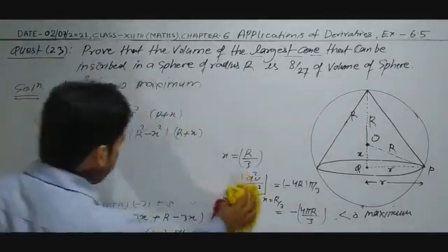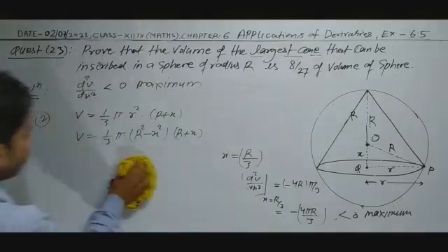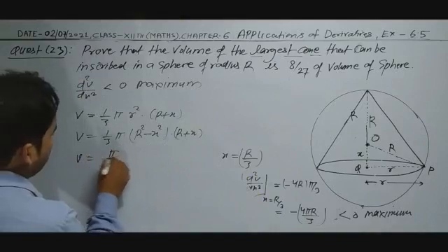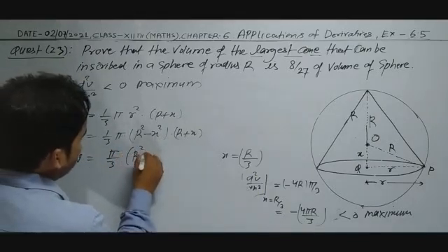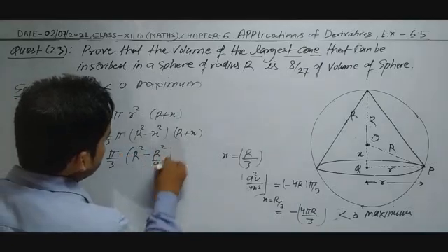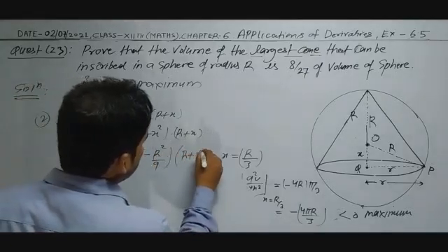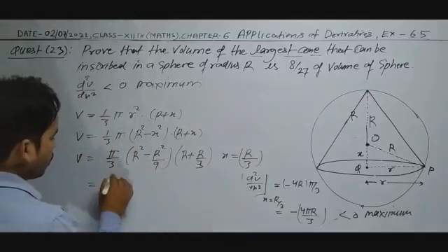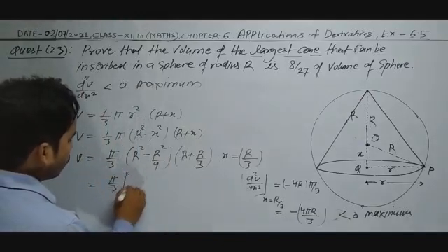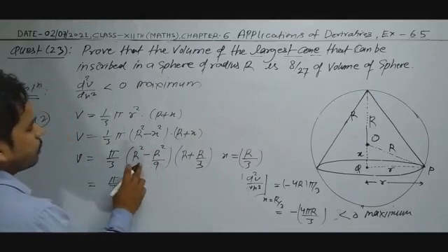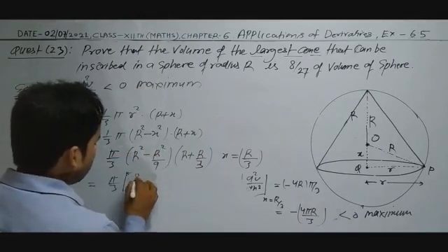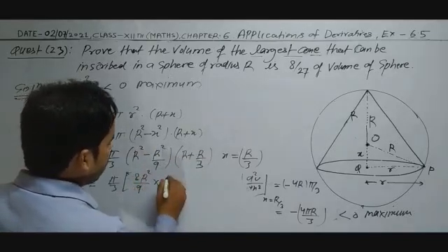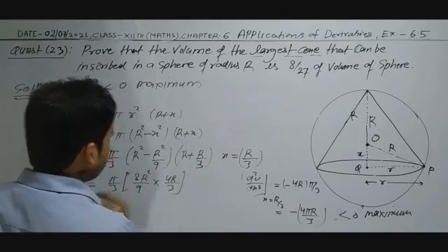So now see, v is equal to pi by 3 into r square minus r square by 9, with r plus r by 3. So the result will be pi by 3, this is 9 minus 1, 8 r square by 9, into 3r plus r, 4r by 3.